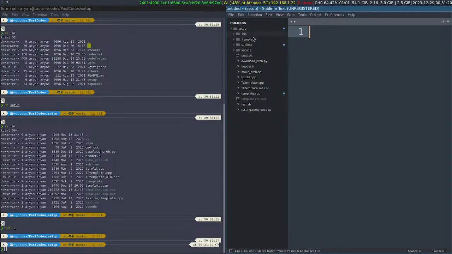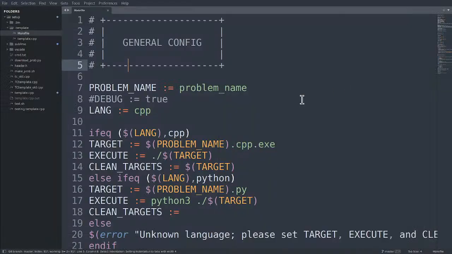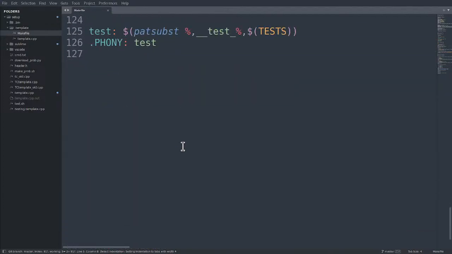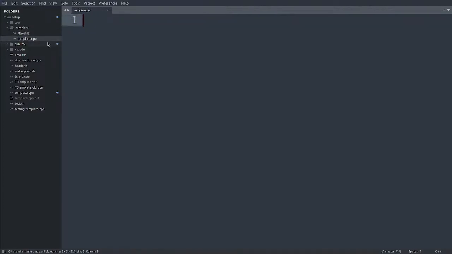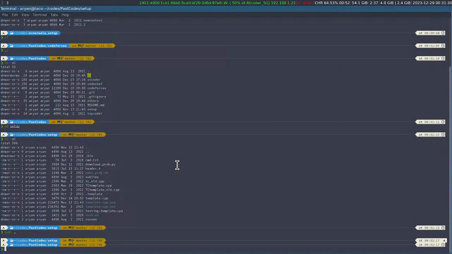So here I have a .template directory which contains a makefile. This is pretty much the same one which Eknerwala has shared. And this template.cpp should contain your template.